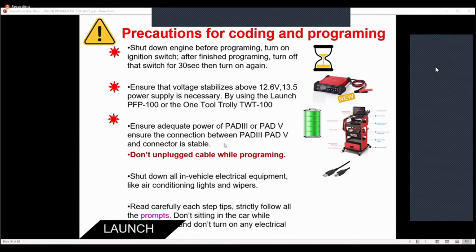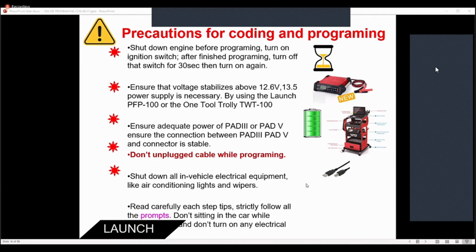Because, again, you do not want to interrupt that process while it's doing the flashing or the programming of the vehicle. So it's a very important point. A lot of people keep on using Bluetooth. For coding, sometimes they get away with it, depending on how long the coding is. But for programming, it's definitely a no. You must make sure that you plug in a cable to make sure those communications are stable.